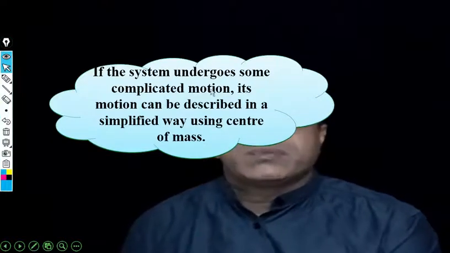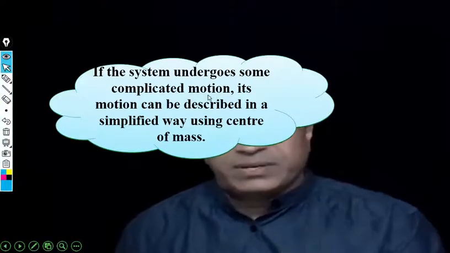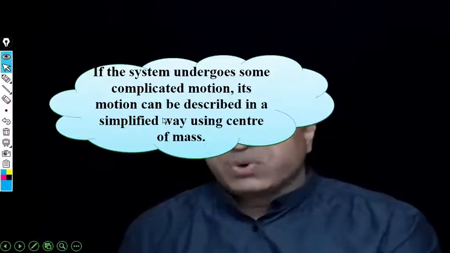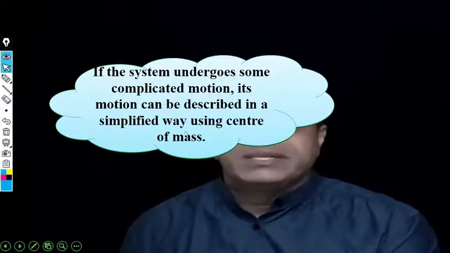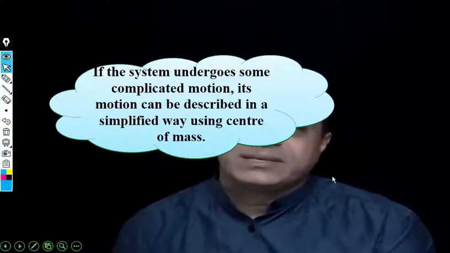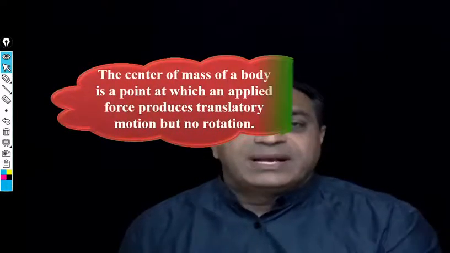If the system undergoes some complicated motion, its motion can be described in a simplified way by using the center of mass. So instead of considering all the particles, consider a single point at a fixed position. Later on we will discuss this.